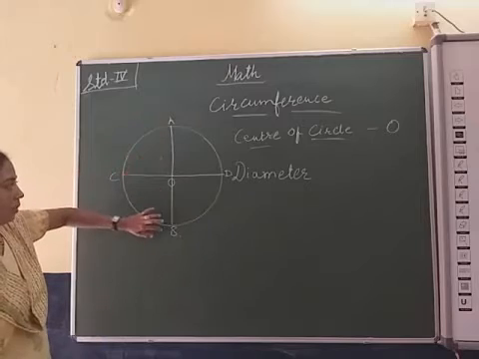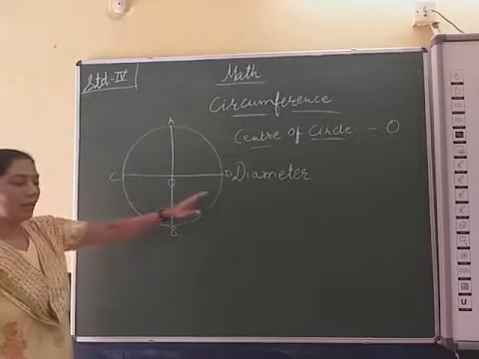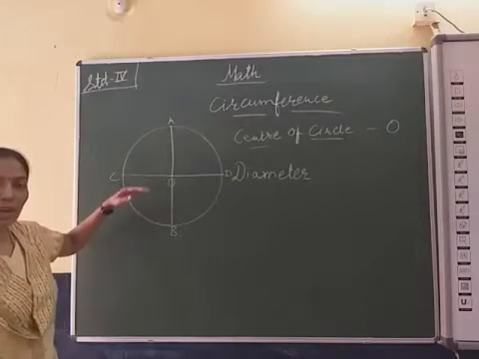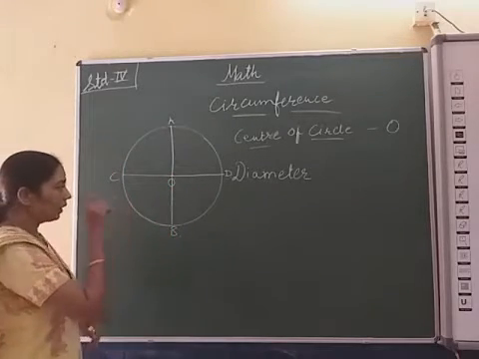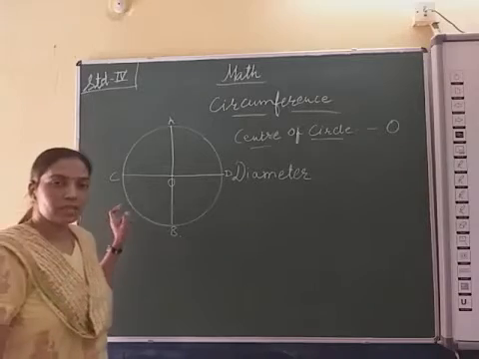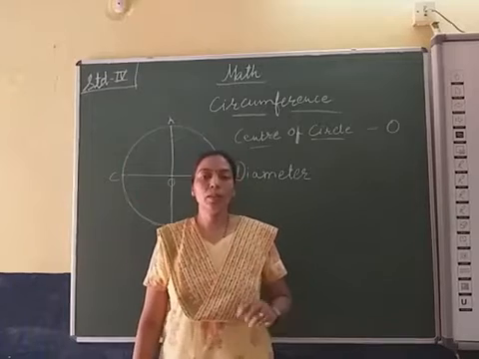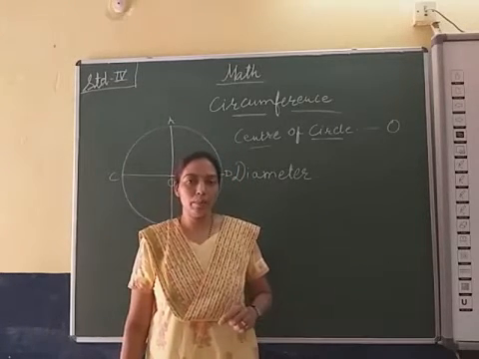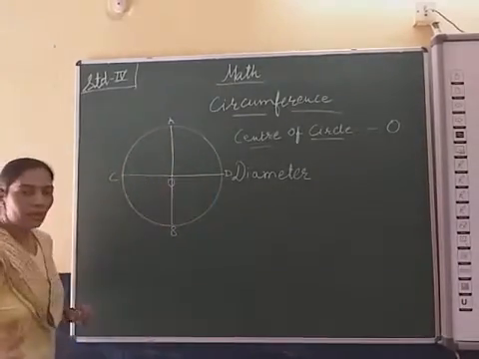Like AB, it divides equally. CD also divides the circle into equal parts. So the diameter is a line segment that passes through the center of the circle and its starting point and ending point fall on the circle. So this is the diameter.